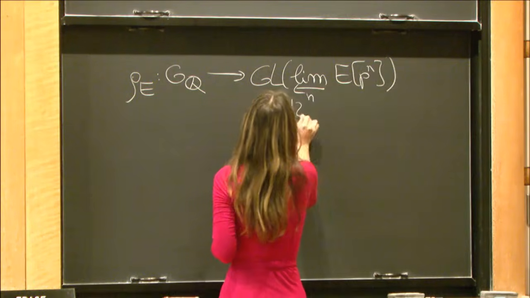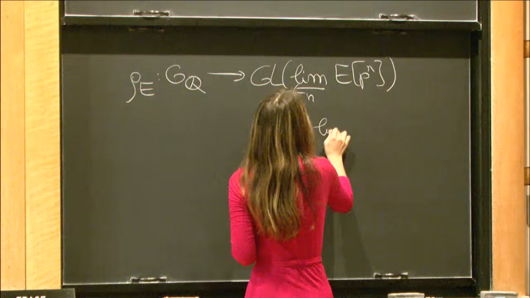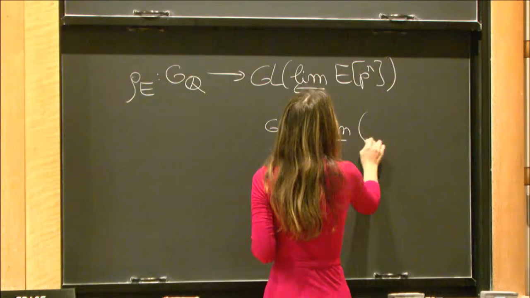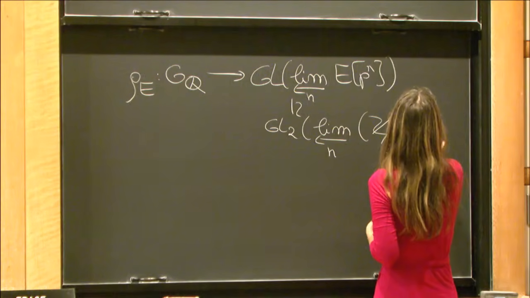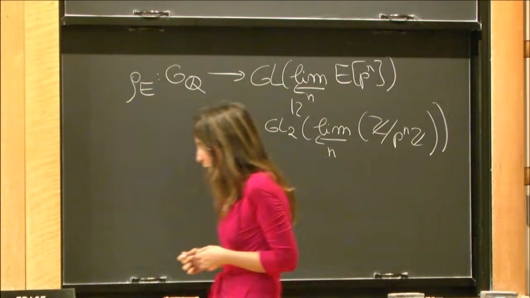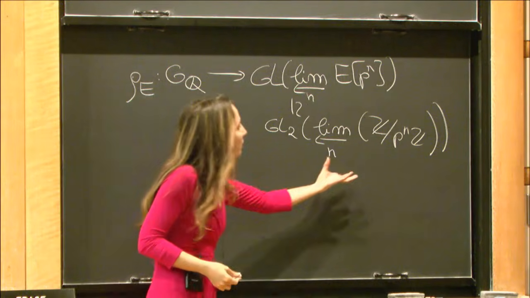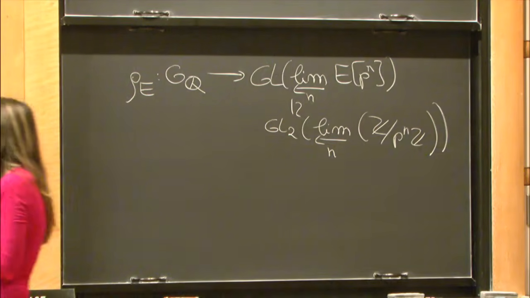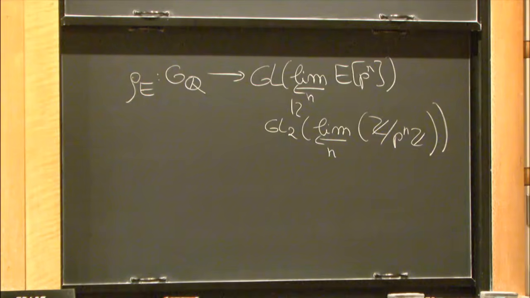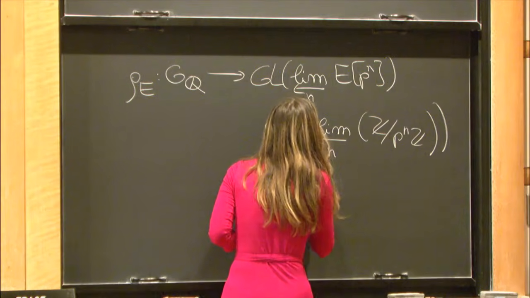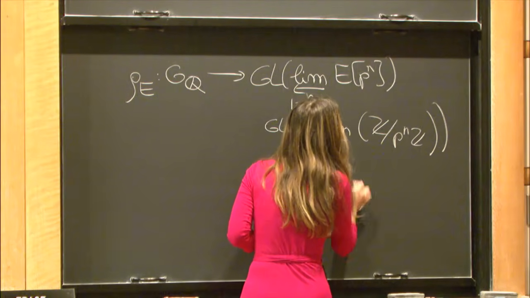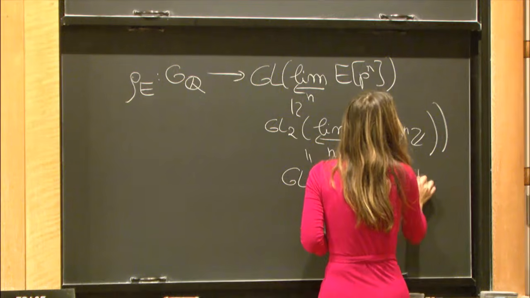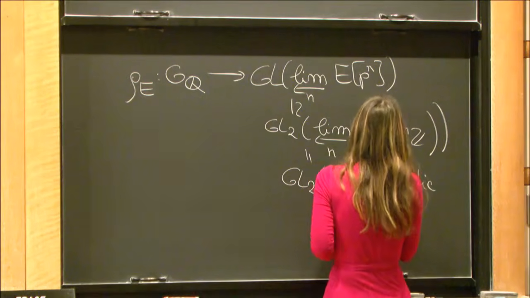So this is the same as GL2 of the inverse limit with respect to n of Z mod p to the n Z. You can define this inverse limit to be Z_p, and that Z_p is identified exactly with the ring of integers inside the field Q_p of p-adic numbers. So this is GL2 of Z_p, where these are now p-adic integers. And to get Q_p, all you need to do is invert p.